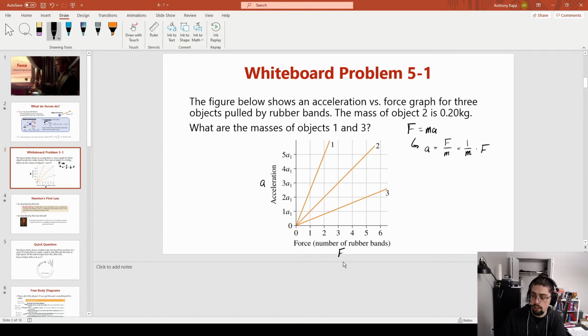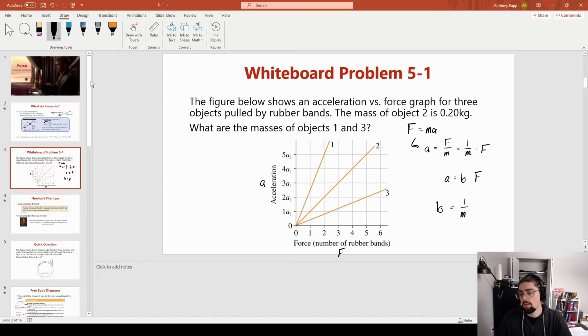It's a linear equation that we could be relating together here, where A is our y-axis, F is our x-axis, and then whatever shows up in this middle here, B, the slope of our function. So we're going to have 3 of these in total, one for object 1, object 2, object 3, where our slope is the inverse of the mass.